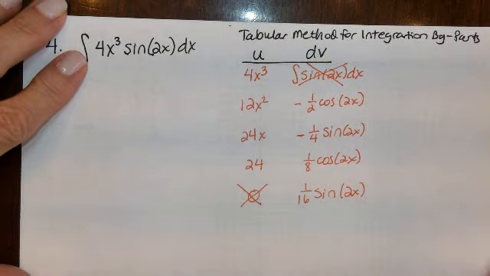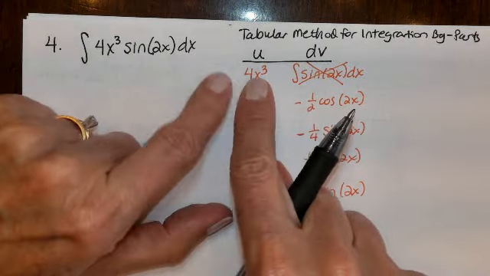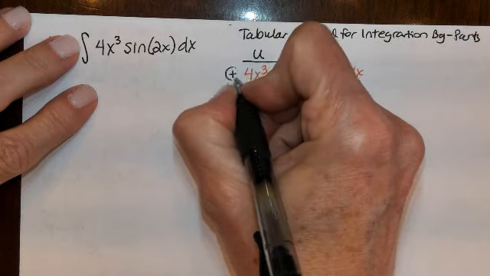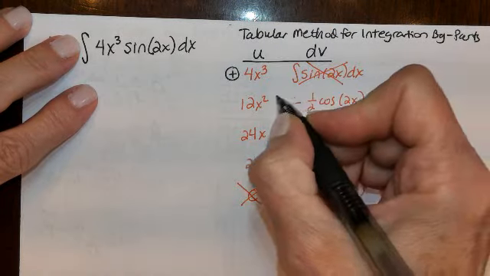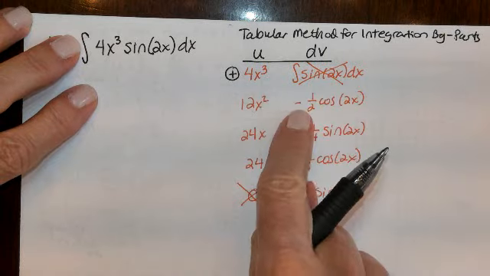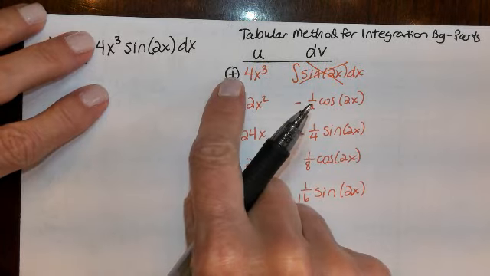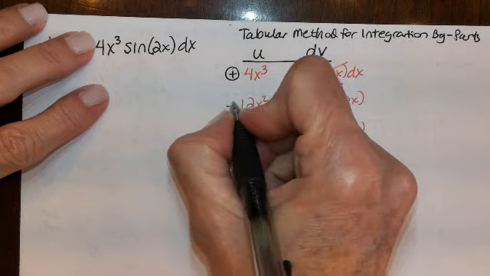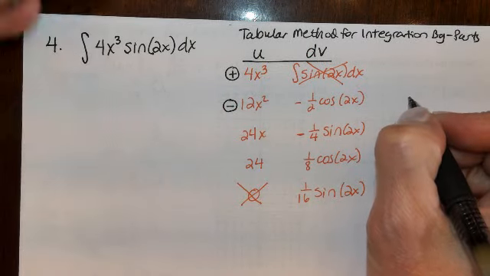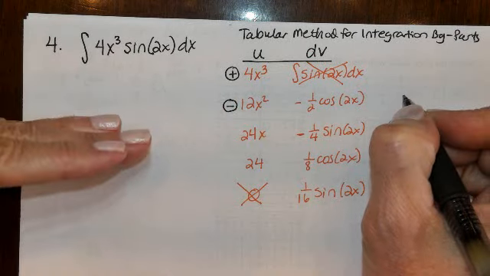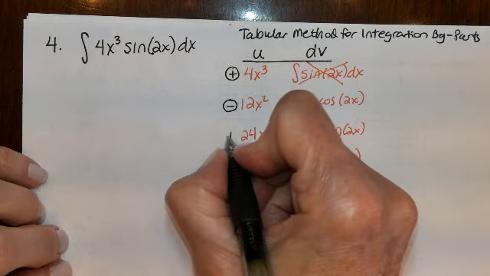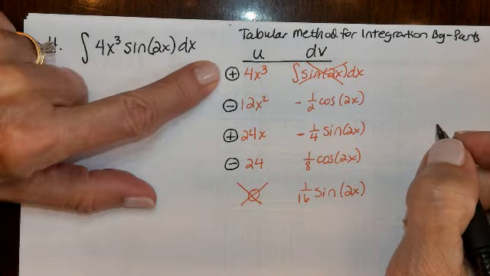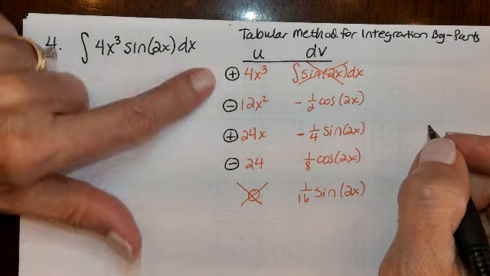This first term is going to start off positive because this is our uv. Well, it might end up negative, but we put a positive there. But the next one, we're going to make it a negative, and that accounts for the minus the integral of v du. And then positive, and then negative. So you're always going to start positive and then alternate the sign here.